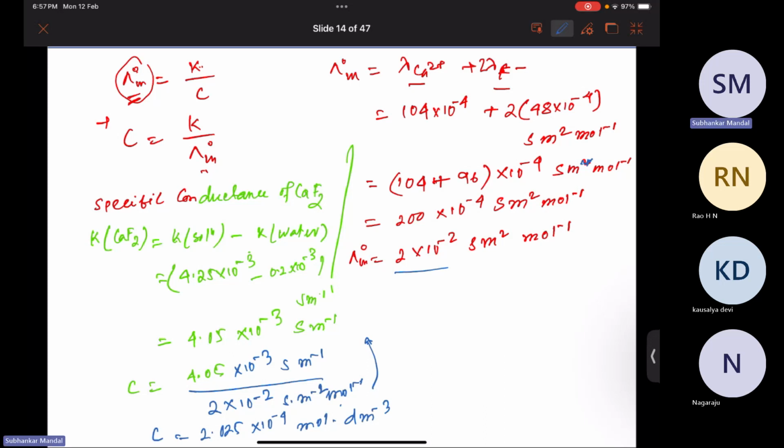Then we have to calculate the solubility product, which we know is 4C cube.